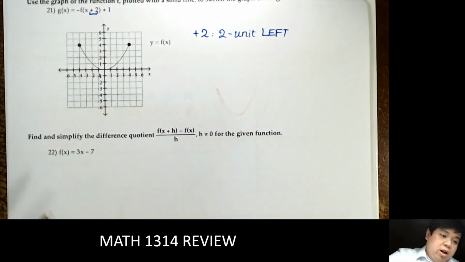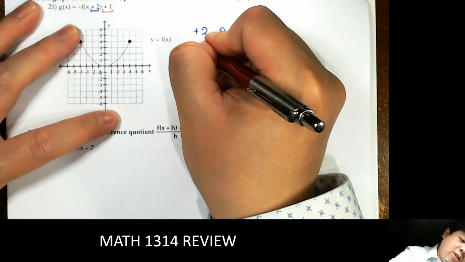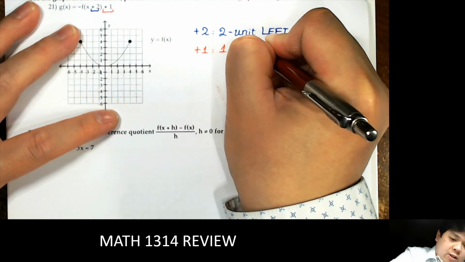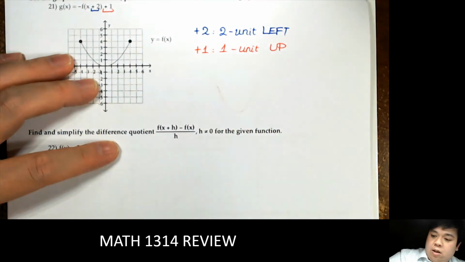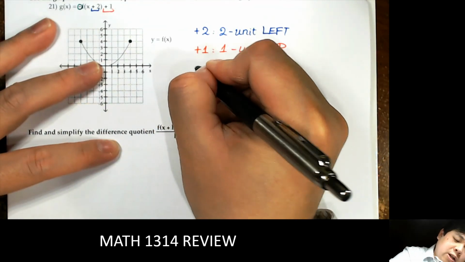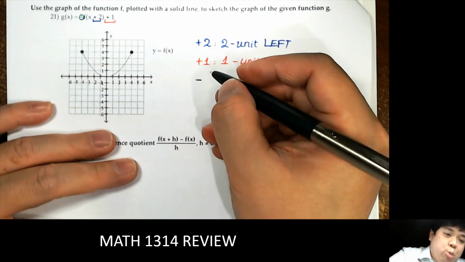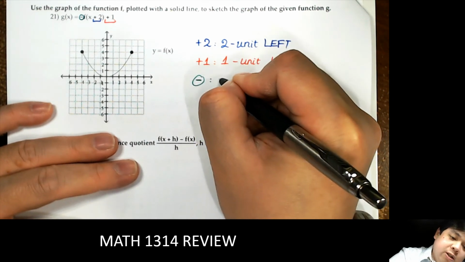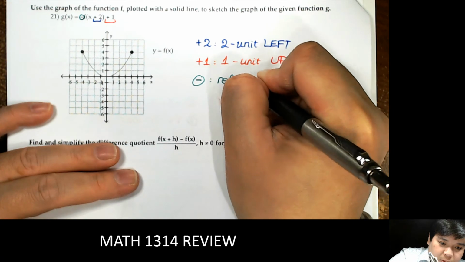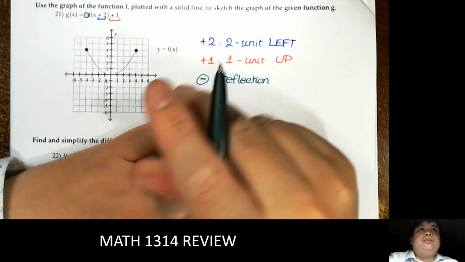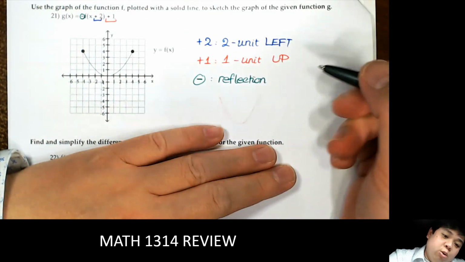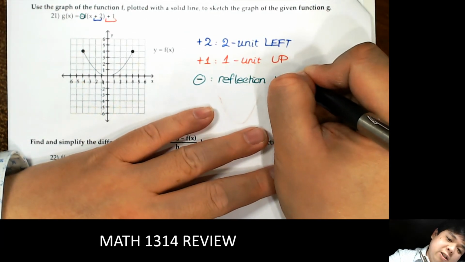And then +1 on the outside, 1 unit up. And the negative on the outside, so it will be a reflection. Reflection on the outside, so it will be vertically.